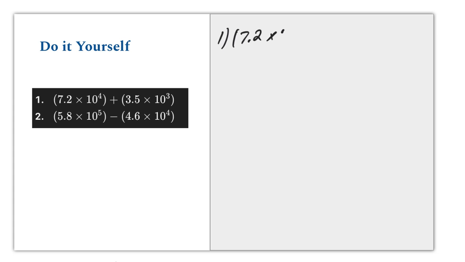7.2 times 10 to the 4th power plus 3.5 times 10 to the 3rd power. So the exponents are not the same. We have to rewrite the smaller number and move the decimal towards the left 1 space. Let's go ahead and do that.